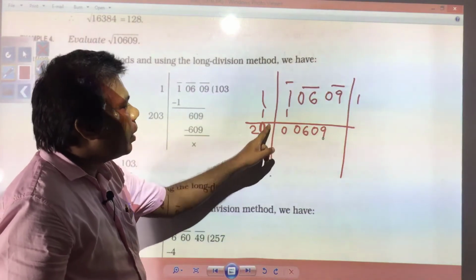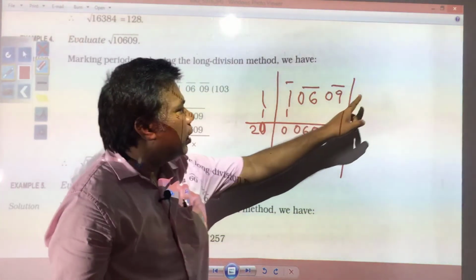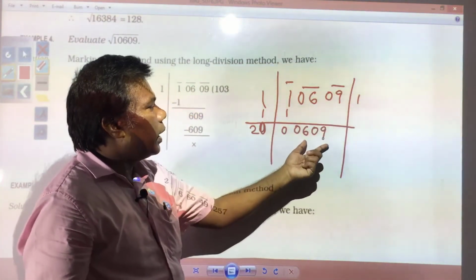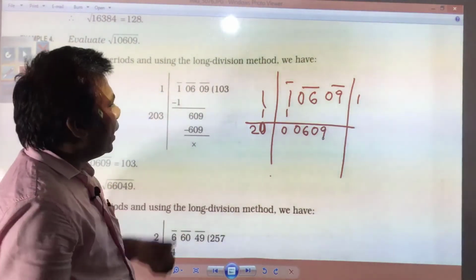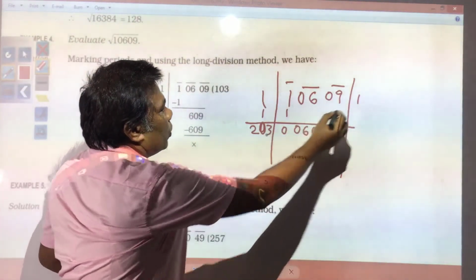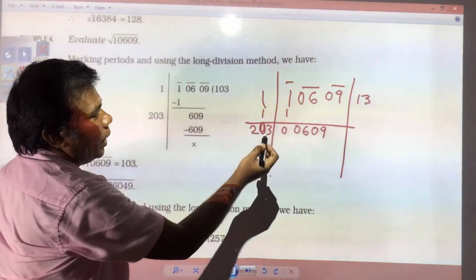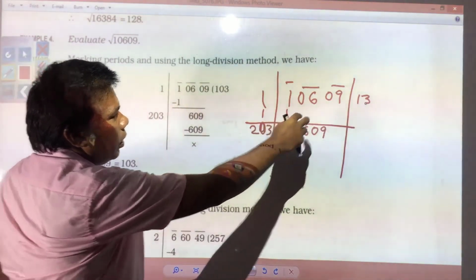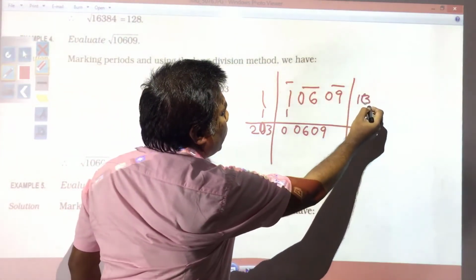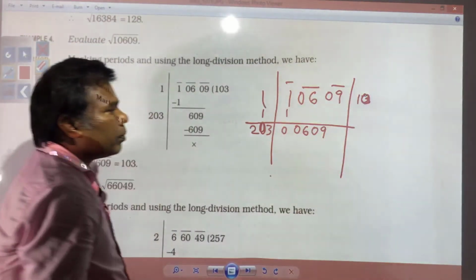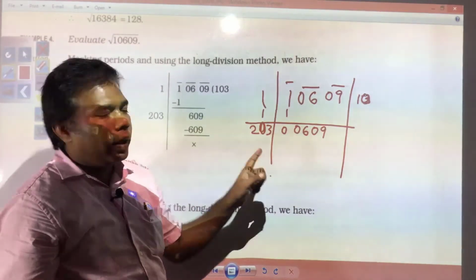So now here some number is required to be put, so that if you multiply, you should get the dividend. So here 3 has been taken. So here if you put 0 for taking down the next period, here also 0 is required to be put. So in two places you are putting 0.